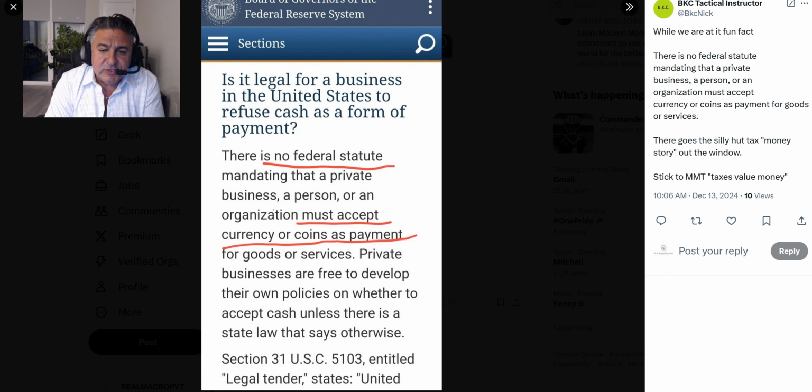Answer: there is no federal statute mandating that a private business or person or an organization must accept currency or coins as payment. You can trade with chickens. Go buy some Hugo Boss with chickens. Perfectly legal for goods and services. Private businesses are free to develop their own policies on whether to accept cash unless there is a state law that says otherwise. There you go.